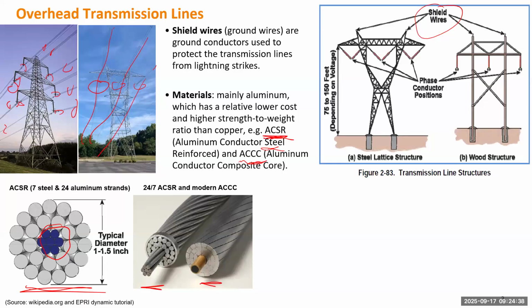So later, we may study how to calculate the GMR or GMD for this design. And there are a number of examples. We start from simple cases and move to more complex cases. We start from maybe 2 conductors, and then finally we make it more complex. Okay, so in this picture, you see many circles.